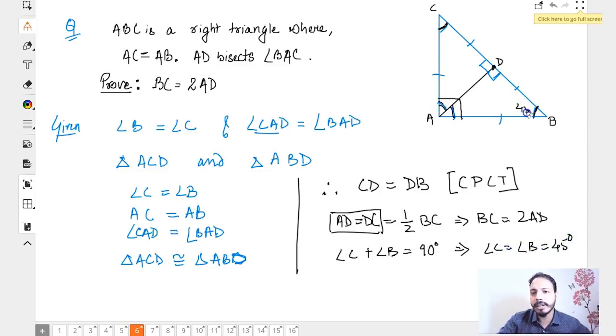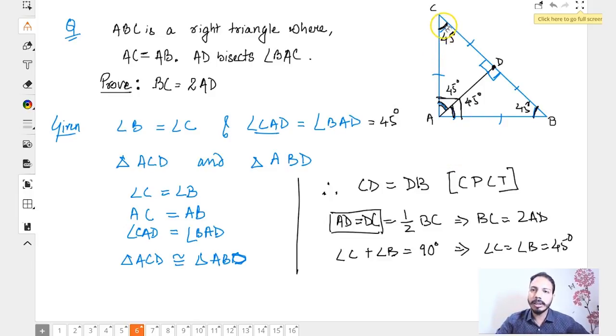So this is 45 degree and this is also 45 degree, right? Similarly, this is 90 degree and this angle is equal to this angle, because this is also the bisector. So this is also 45 degree and this is also 45 degree, right? So this angle is equal to this angle is equal to 45 degree.